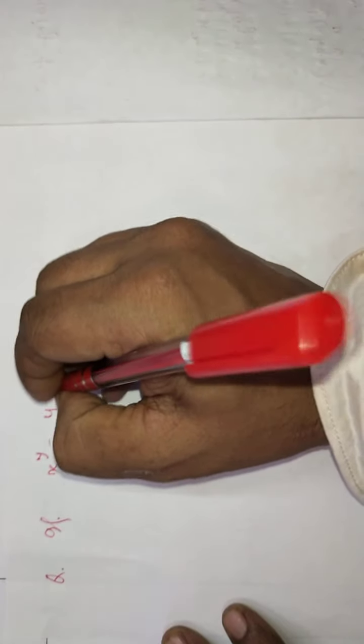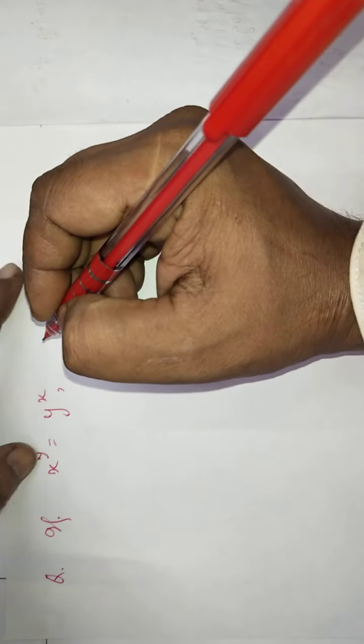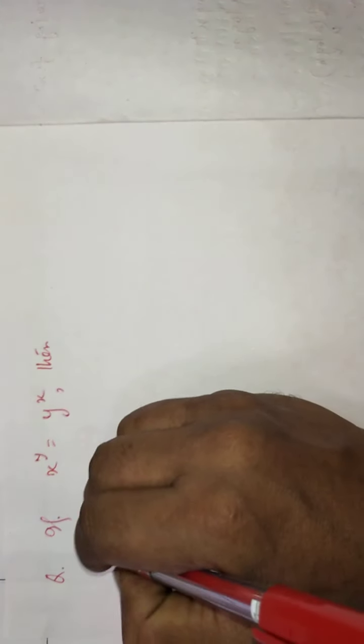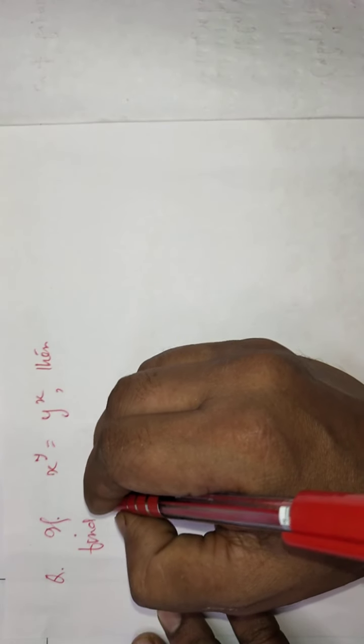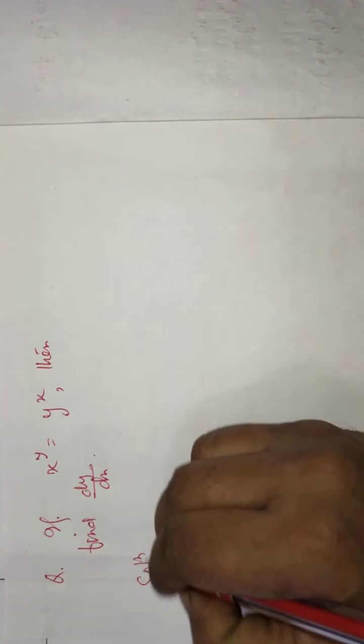So here the question is, if x to the power y equal to y to the power x, then find dy by dx. This is the question. Okay, how to solve? Take the given condition.